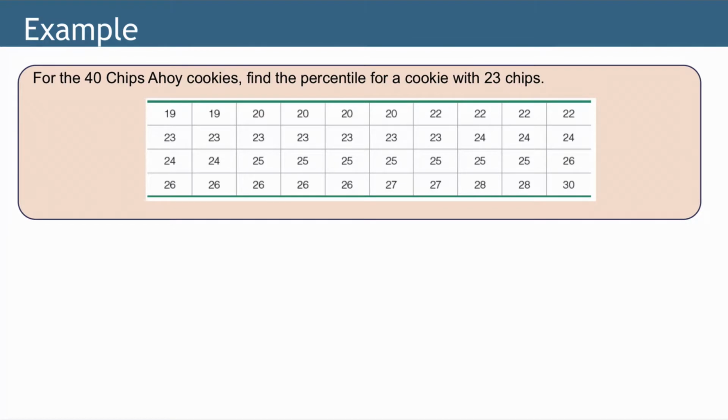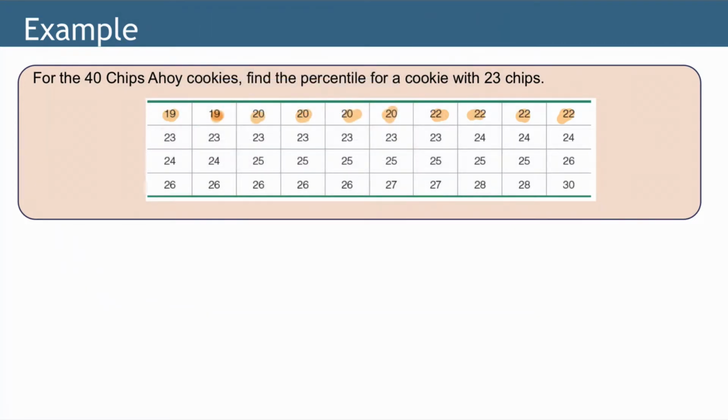All right, so example, here's some Chips Ahoy cookies, and here's the number of chocolate chips in them. So man, that's a lot. Find the percentile for a cookie with 23 chips. So I need to find everything that has less than, so not equal to, but less than 23 chips. So let's see here. 1, 2, 3, 4, 5, 6, 7, 8, 9, 10. 10 out of how many?